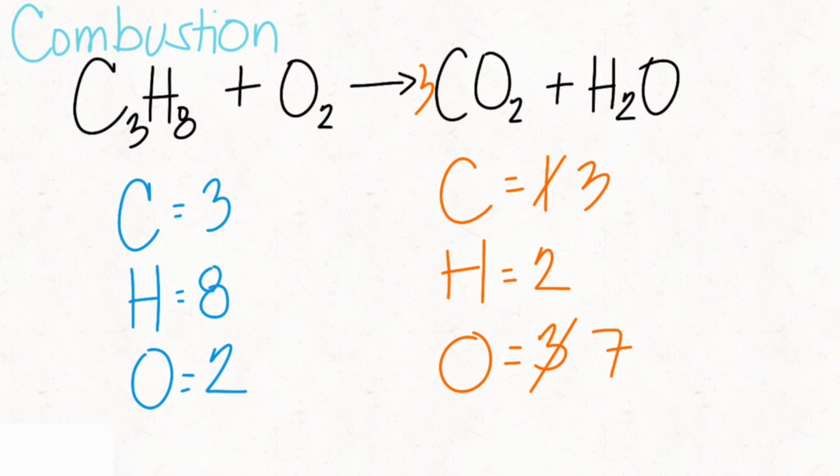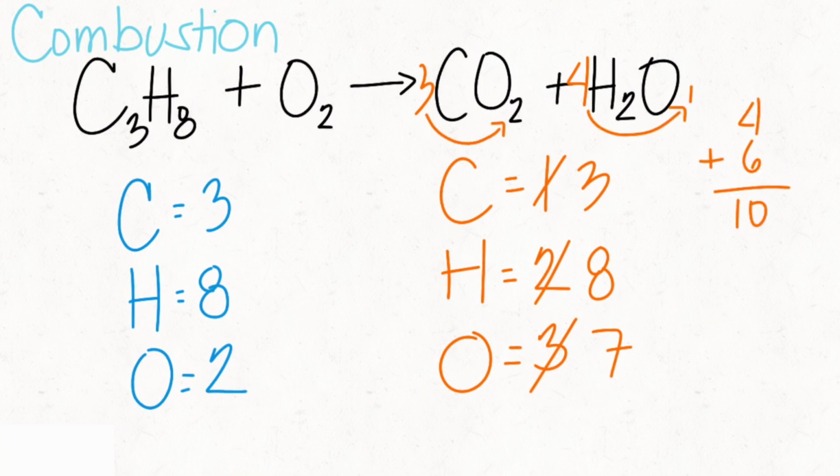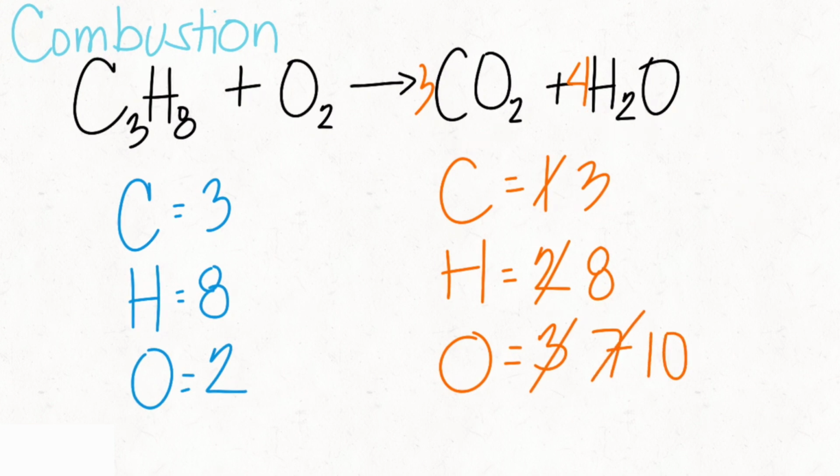So what if I add 4 to the water so that if I multiply it to 2 hydrogen, it will become 8. But at the same time, we need to multiply that 4 to the oxygen of H2O since it is a compound, so that we will have 4 from H2O plus the 6 from carbon dioxide. Therefore, the oxygen is 10.